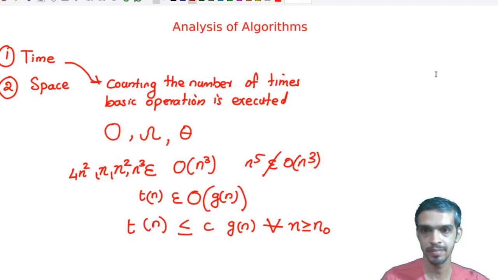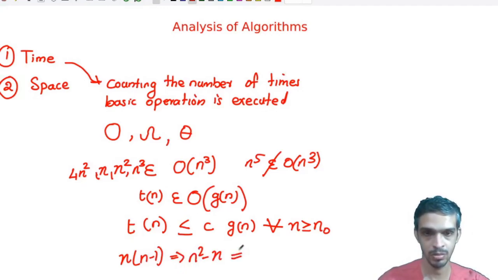If, for example, a sorting algorithm used in the first part makes the number of comparisons n into n minus 1, n into n minus 1 means n square minus n. So, if you use big O notation, you need to take the highest degree polynomial, that is n square. So, you can write this one is big O of n square.